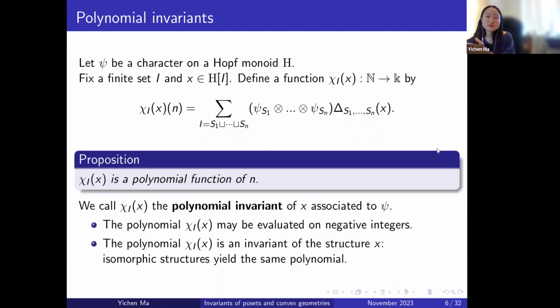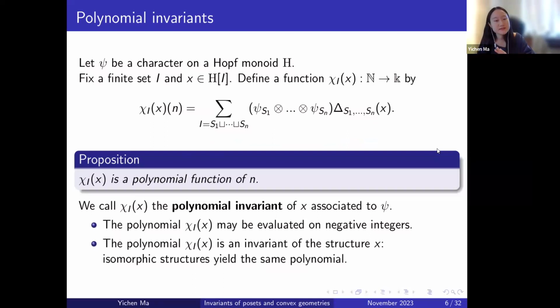We first do the iterated coproduct and then we apply the characters, the tensor product of the restrictions of the character to each part of the decomposition. A proposition which we can obtain from direct computation is that this invariant is indeed a polynomial function of n. That's why we call this the polynomial invariant.